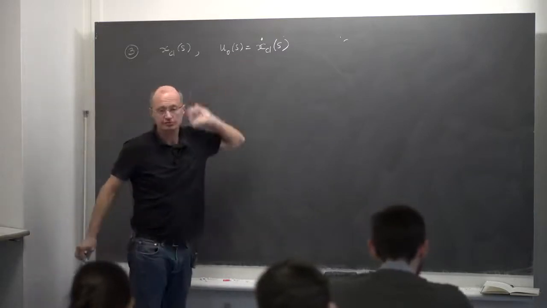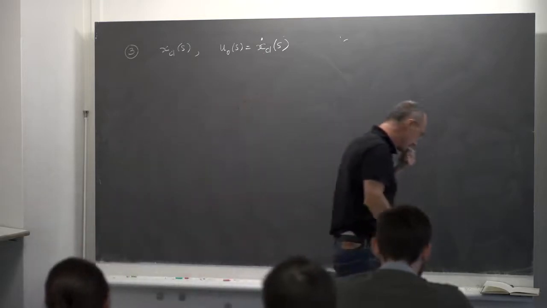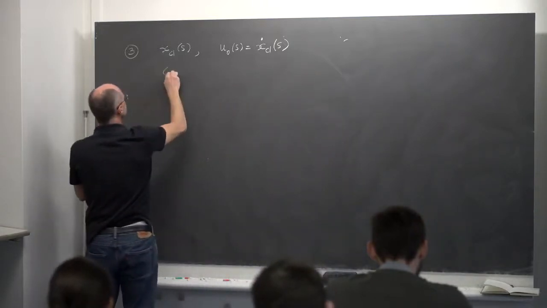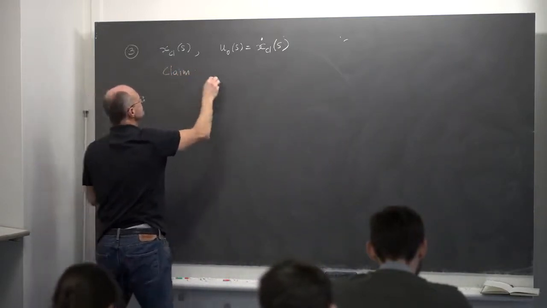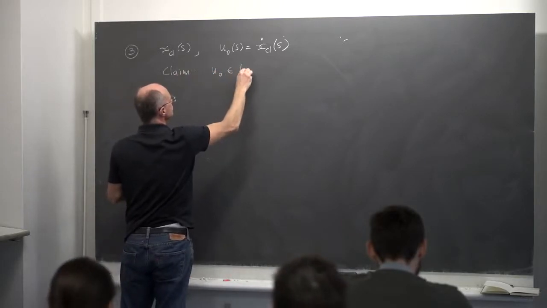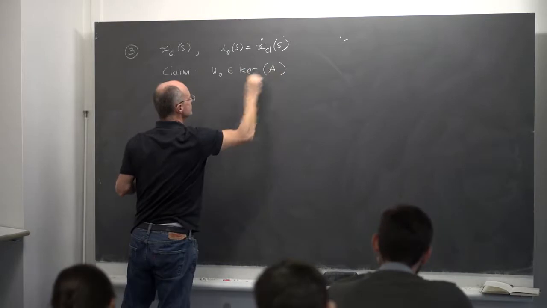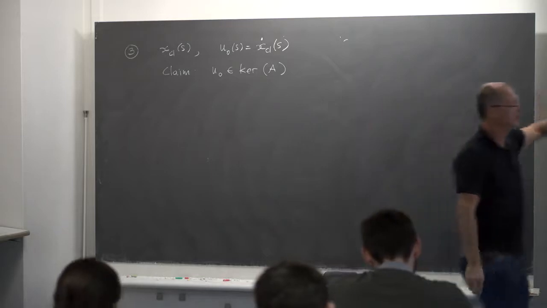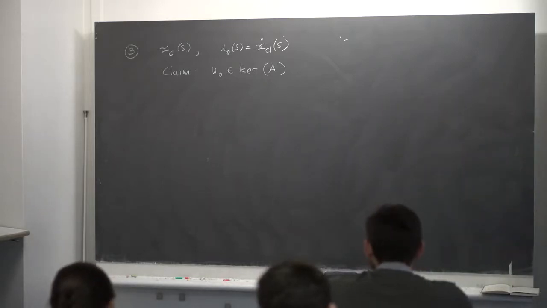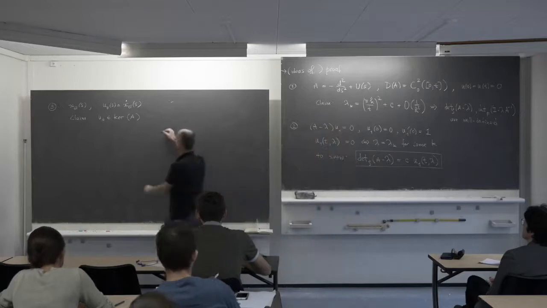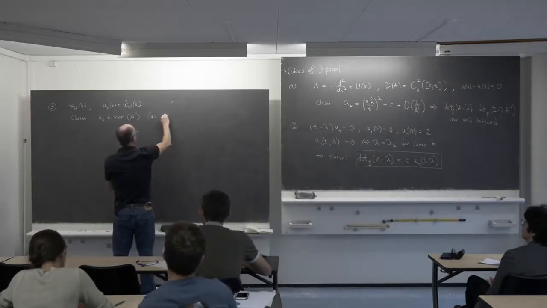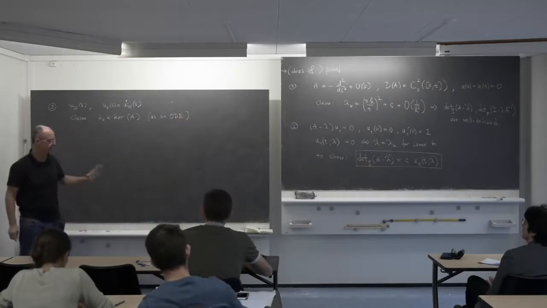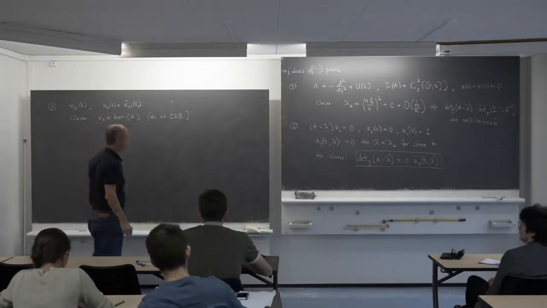Well, this is some function, and it turns out that u naught is an element of the kernel of A. Again, no boundary conditions respected, right? Just viewed as an ordinary differential equation. It doesn't satisfy any reasonable boundary conditions.